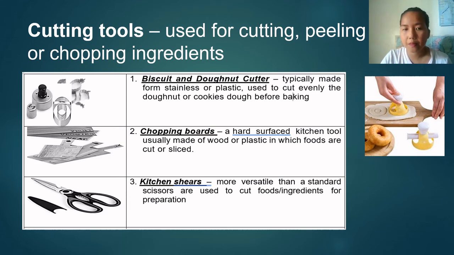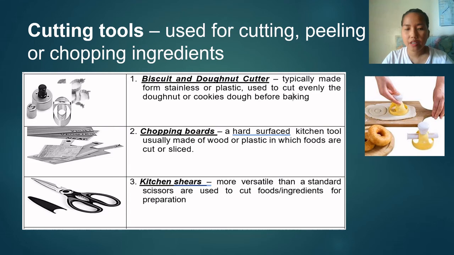We also have chopping boards. We have different kinds used in the kitchen. A red chopping board is used for red meat, and a green chopping board is used for vegetables, to avoid cross contamination of the ingredients.